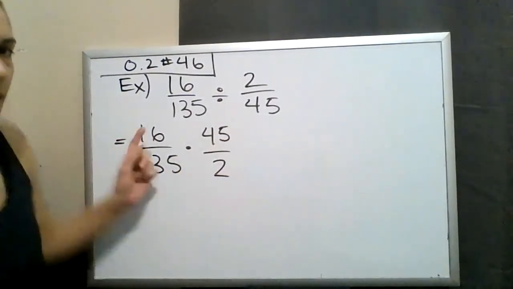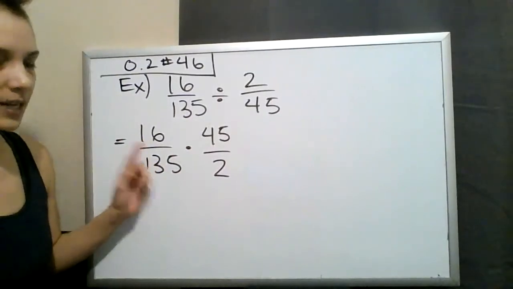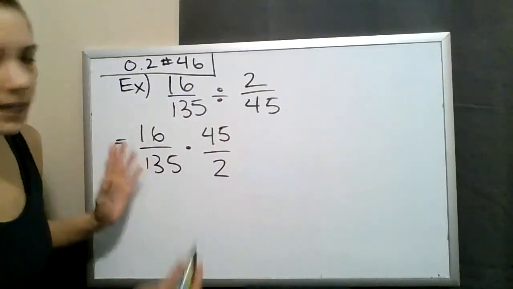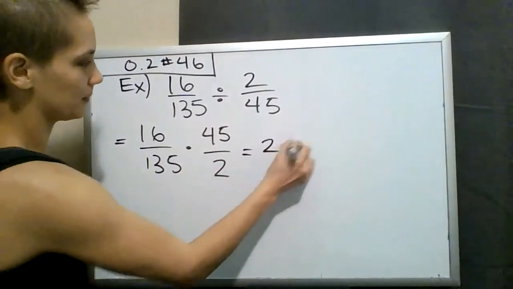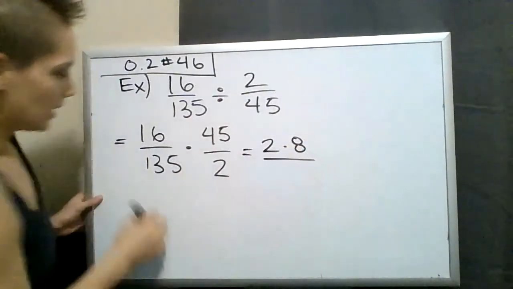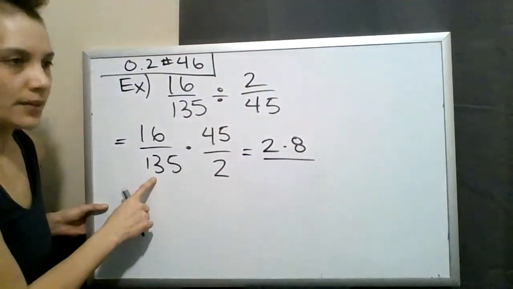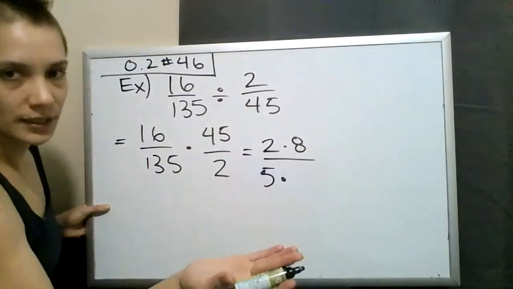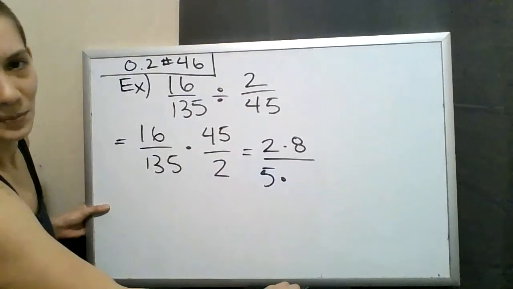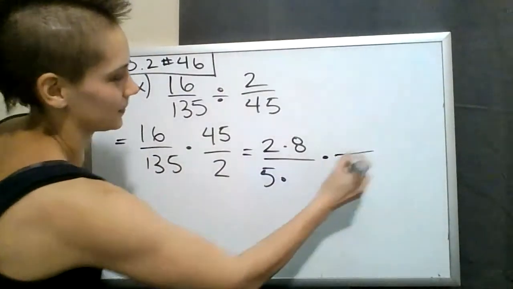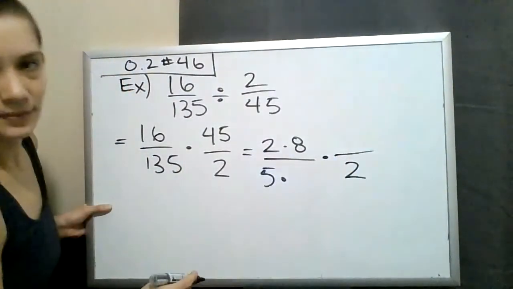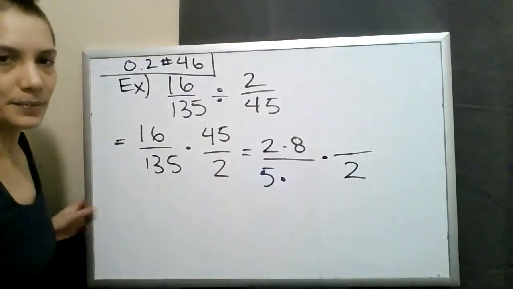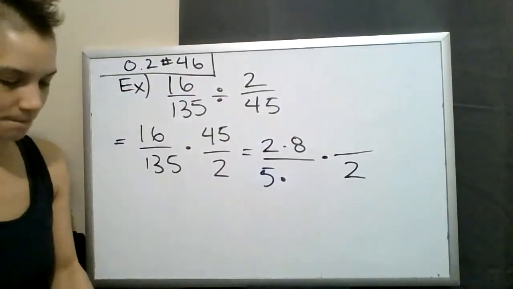Cool. I know we're going to factor 16 as, let's start with 2 times 8. 135, we can divide by 5. It's 5 times, anybody want to share? Let's see. 27.